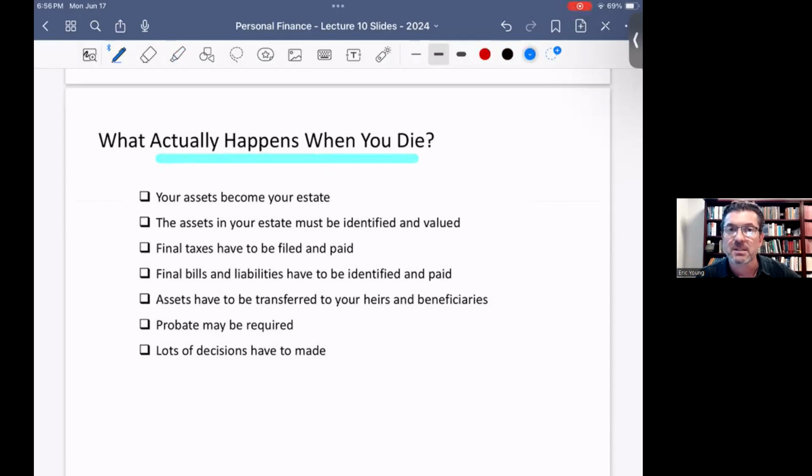Each of those events has underneath it a lot of decisions and the execution of particular strategies or tasks to get things done. Okay, so first thing that happens when you die, your assets become your estate.